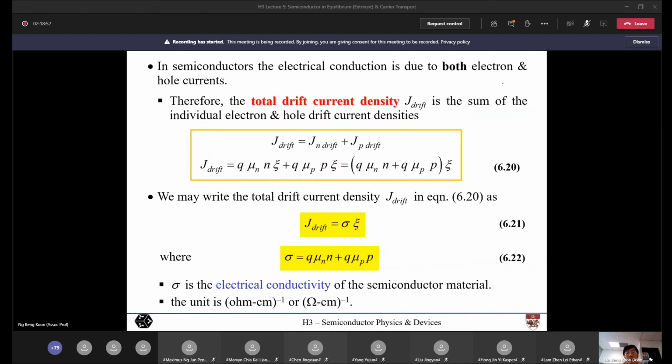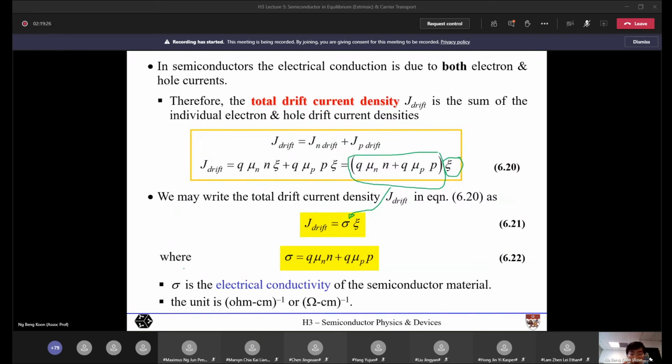Of course, in a typical semiconductor, you have both electrons and holes. To describe the drift current density, you have to add up the two. You add up the electron and hole terms, and you take out the common factor of the electric field. Then you get this quantity in brackets, which we represent as sigma. This sigma term is called the conductivity of the semiconductor.